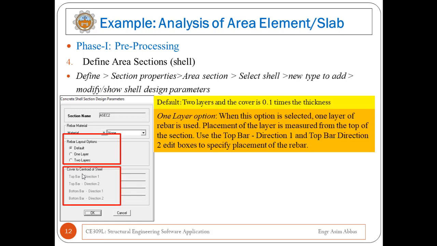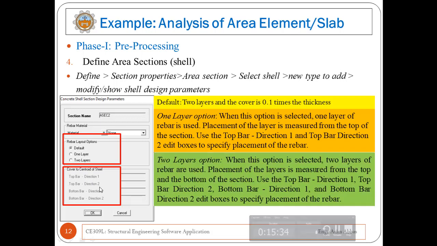When the 1 layer option is selected, it means that 1 layer of rebar in direction 1 and direction 2 is provided, and the location distance will be specified from the top of the section to the centroid of the steel or rebar. The distance will be entered in the cover to centroid of steel, top bar direction 1 and top bar direction 2.